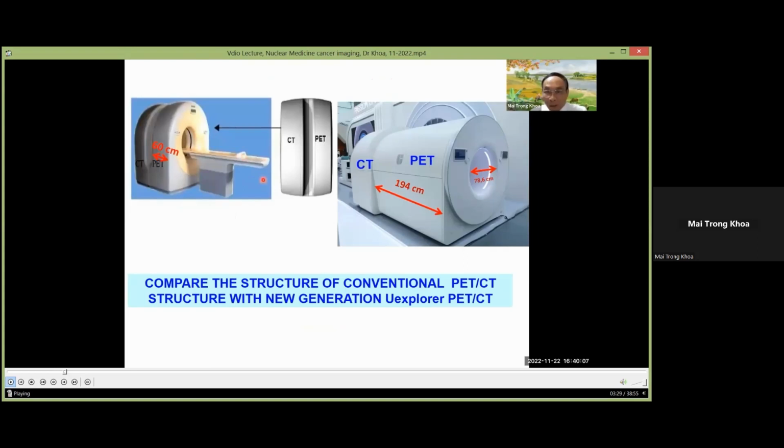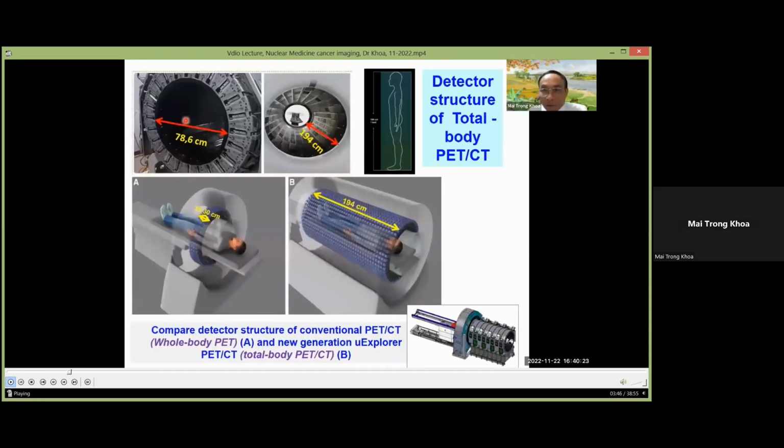We can easily see the difference in structure between these two types of PET-CT machine, which is the length and width of the detector of the PET machine. You can see here, very different. And this comparison image clearly shows the difference between the two detectors.